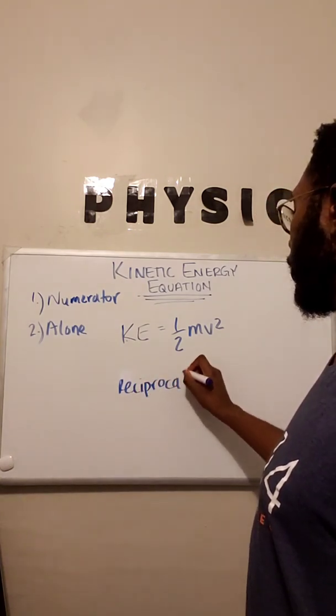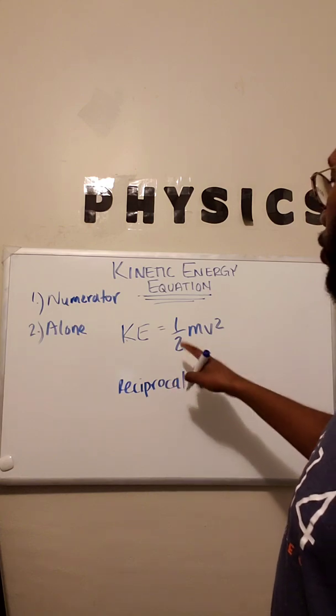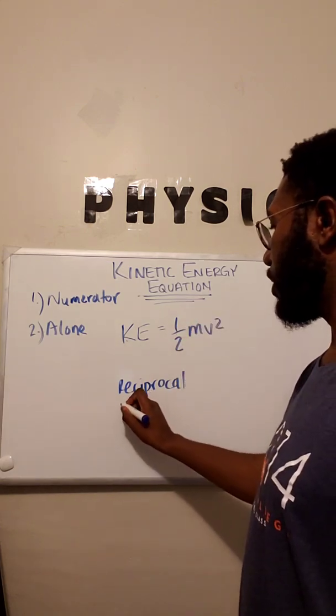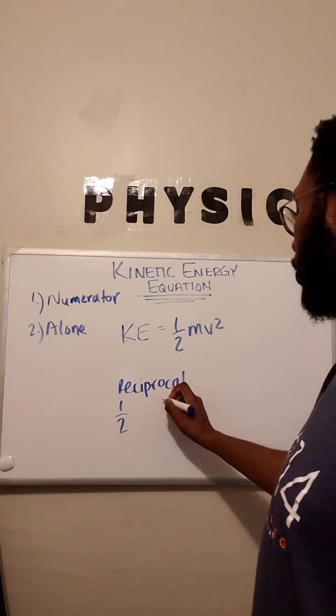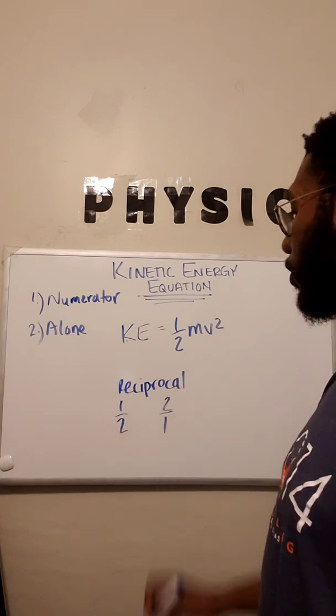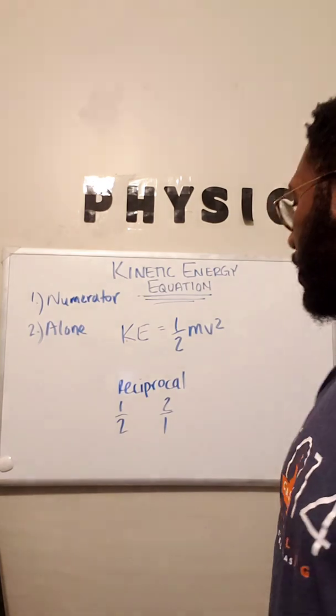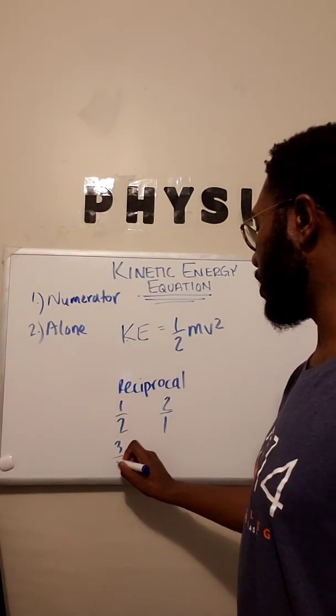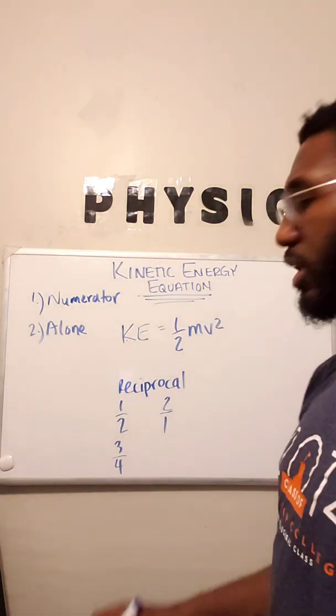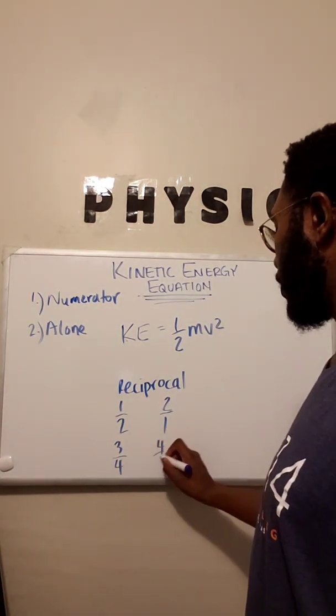The reciprocal is when you flip a fraction. So if the fraction is 1/2, the reciprocal is going to be 2/1. If the fraction is 3/4, the reciprocal is going to be 4/3.